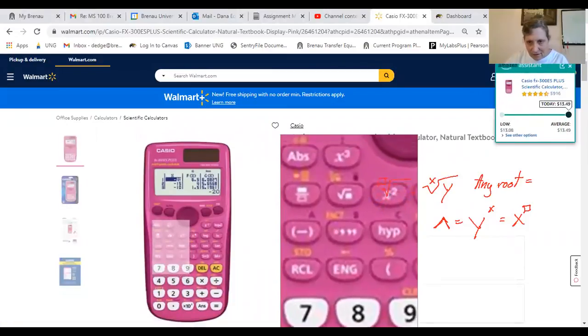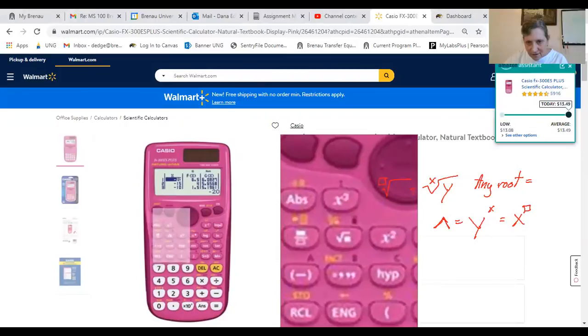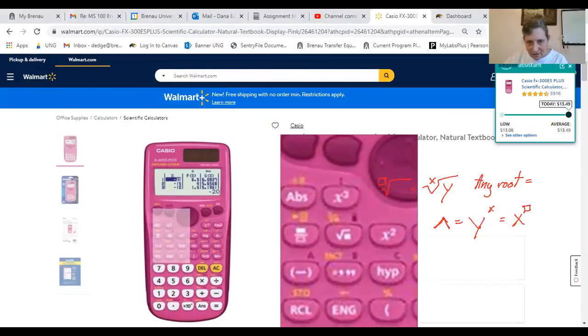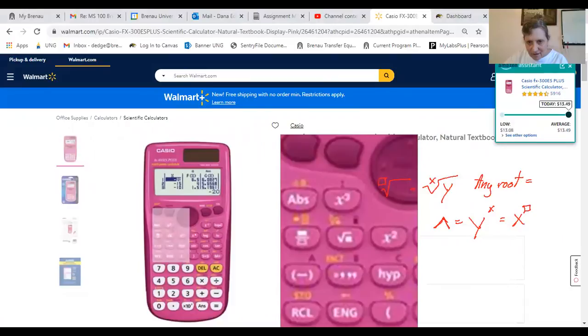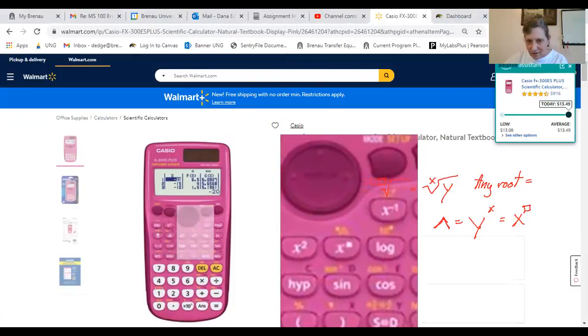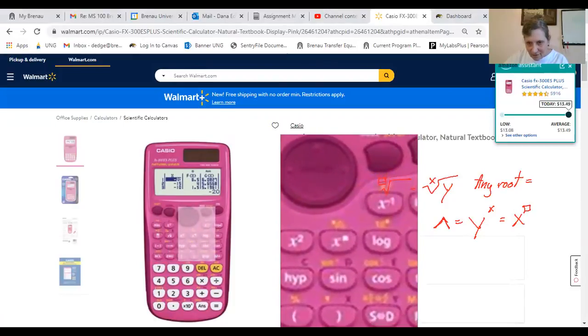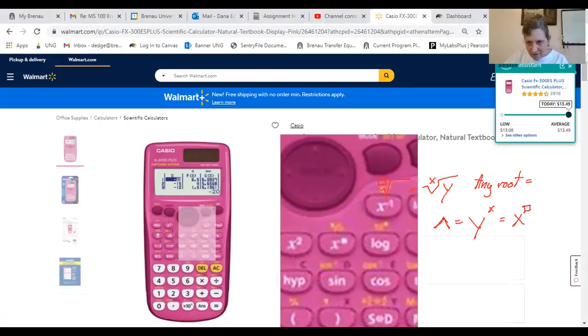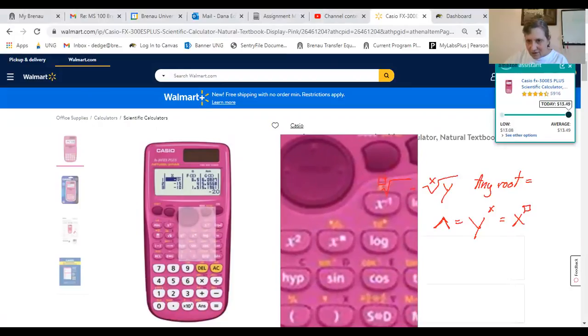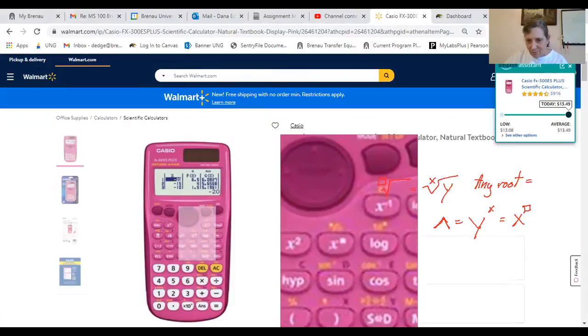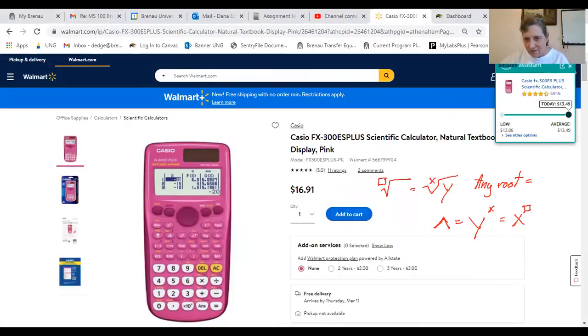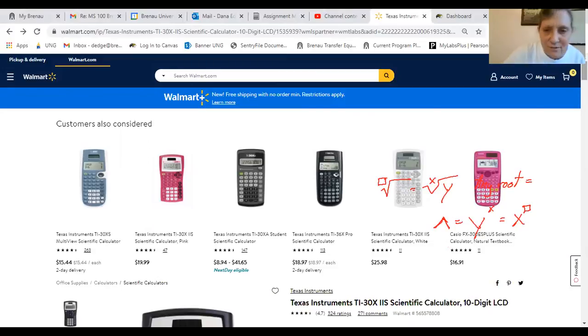This one's Casio. Not in very good focus, is it? Casio has a square root with a box in it next to an x squared. And then it's got an X to a box. So I suspect the one above it has the box in the index, just like this one. It's not in focus, so it's really hard to say. So those are some examples.